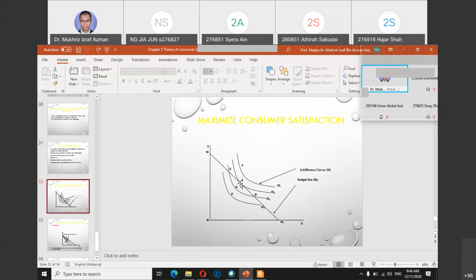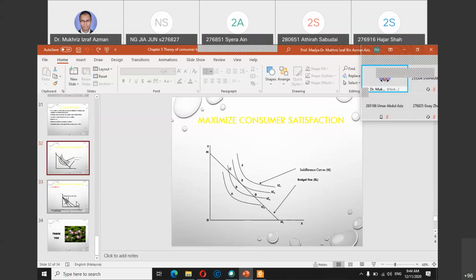You can also choose point B and point A, but it is not rational for any rational consumer. E is better than A and B, because A and B give you lower utility. The consumer cannot reach IC1 because your income is limited at this level. So this indifference curve, although it gives you higher utility, is not achievable.